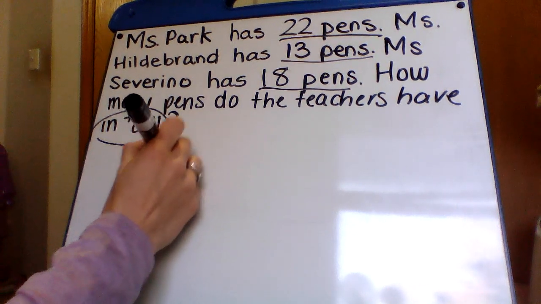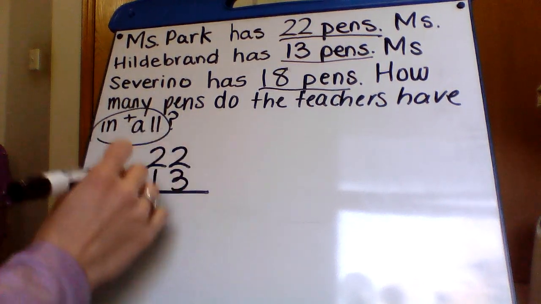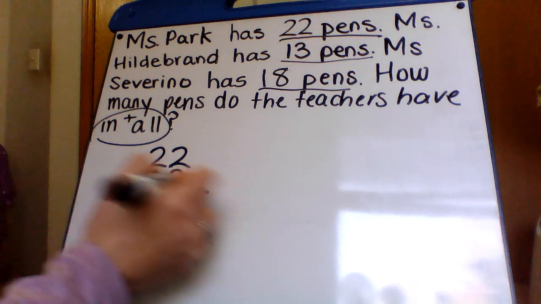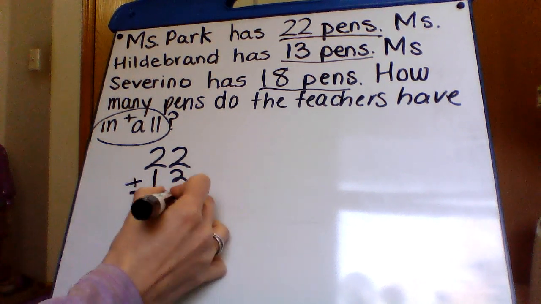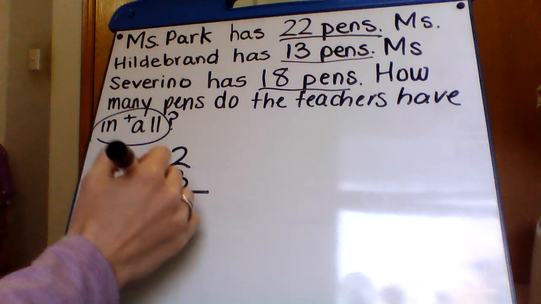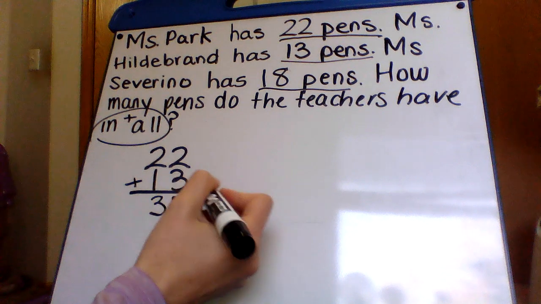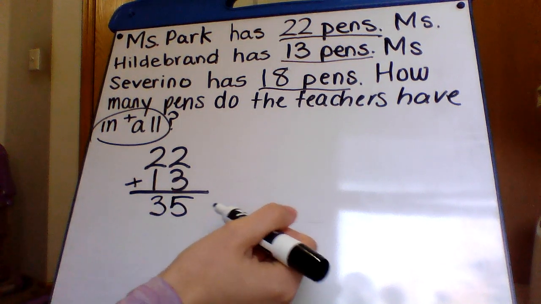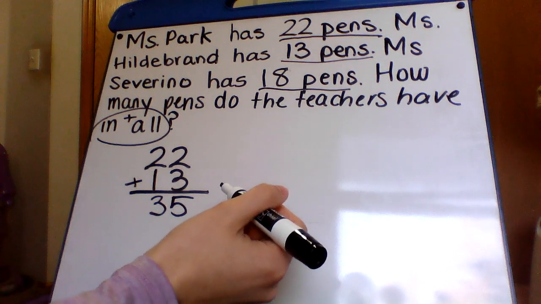So we're going to take our 22 and our 13, and add them together. So you'll do 2 plus 3 and get 5. 2 plus 1, get 3.